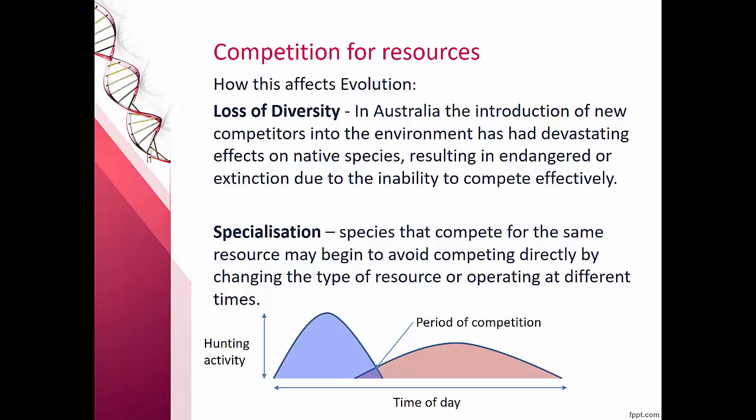The second type of impact that it can have on evolution is increased specialization. So if those species that are competing for the same resources avoid competing directly, you may find that they start to specialize.